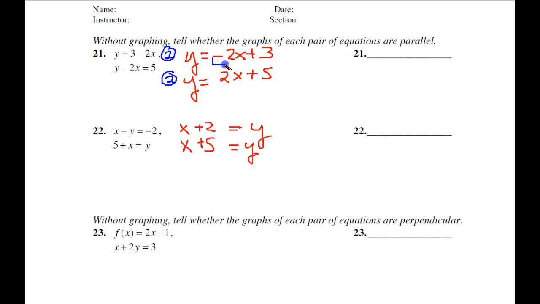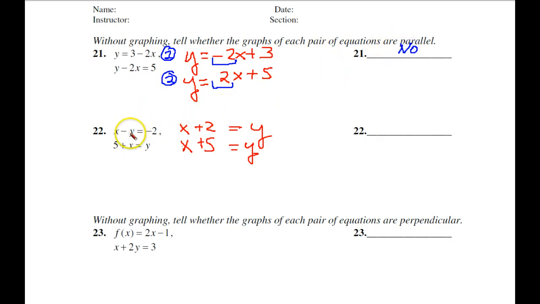So now you can compare the slopes. Now, are they the same? No, so the lines are not parallel. Now, if you multiply these together, would you get a negative 1? No. So these aren't parallel, they're not perpendicular. So here they're just wondering if it's parallel. So the answer is no.